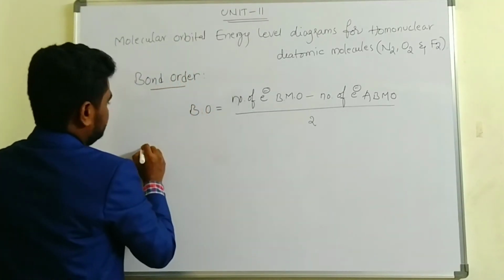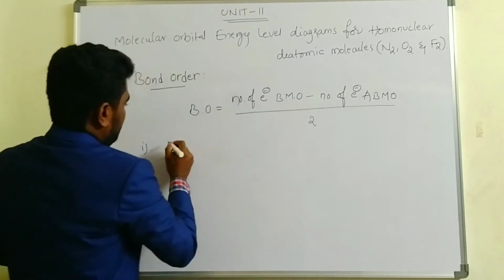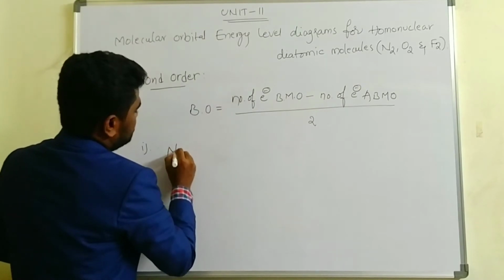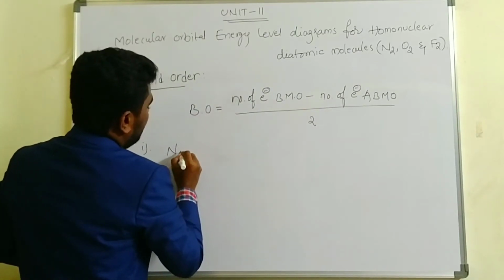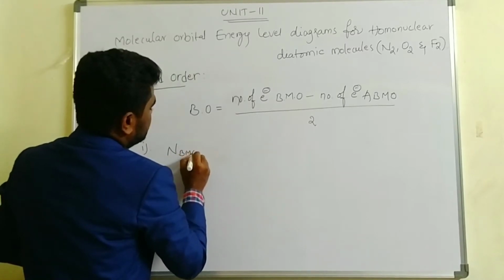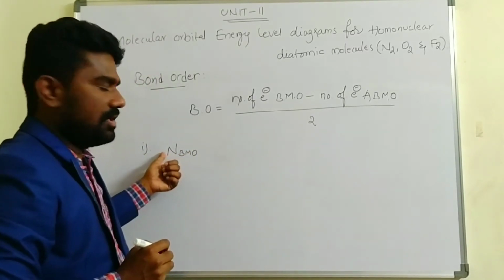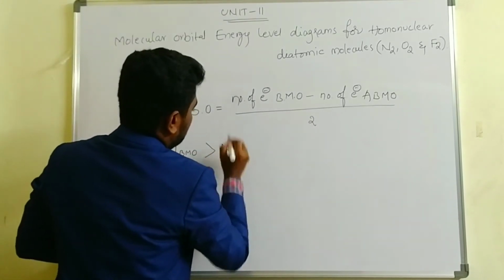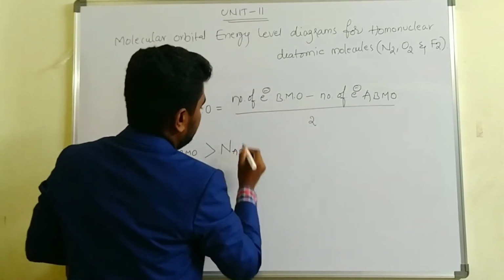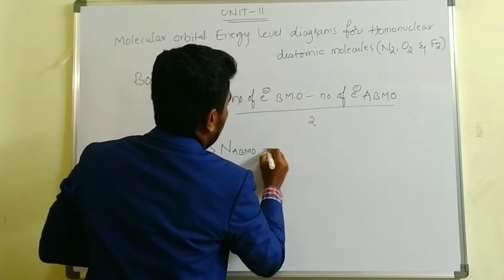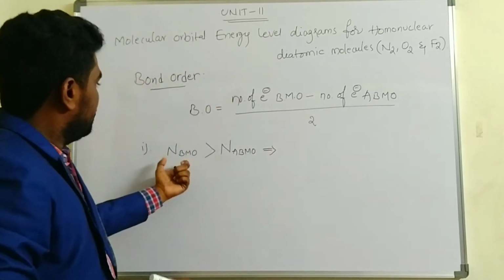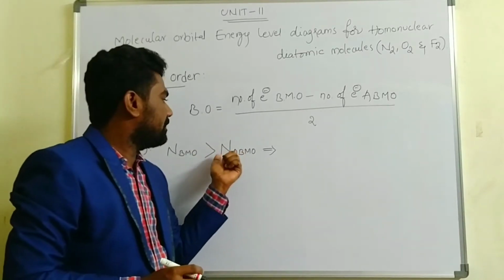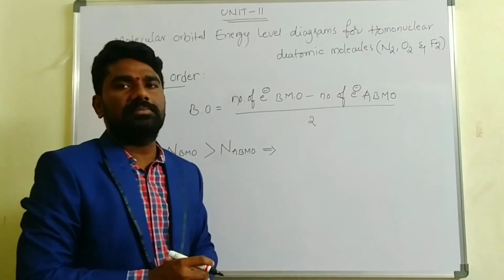In the first case, the number of electrons present in the bonding molecular orbitals is greater than the number of electrons present in the anti-bonding molecular orbitals.